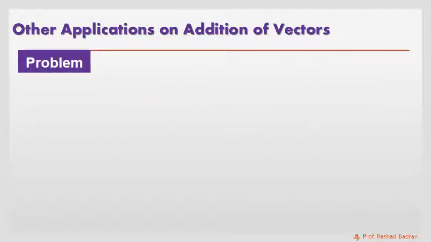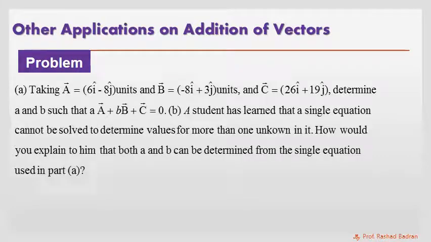This is another application on the addition of vectors in 2 dimensions. In part A, take vector A equals 6i hat minus 8j hat units, vector B equals minus 8i hat plus 3j hat units, and vector C equals 26i hat plus 19j hat.